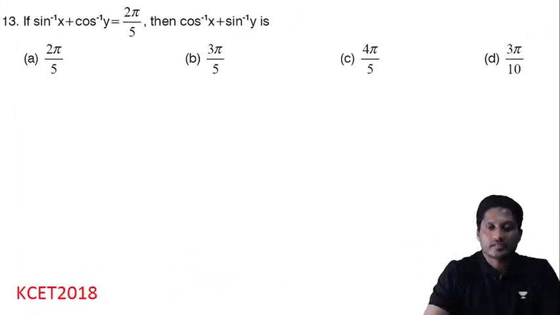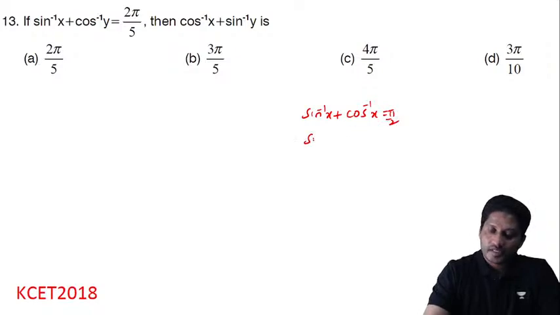Sin inverse of x plus cos inverse of x is pi by 2. From this, sin inverse of x is equal to pi by 2 minus cos inverse of x.